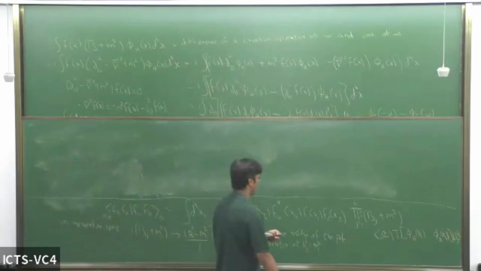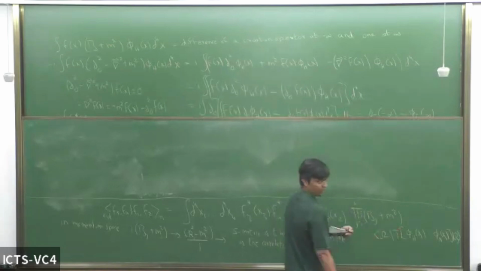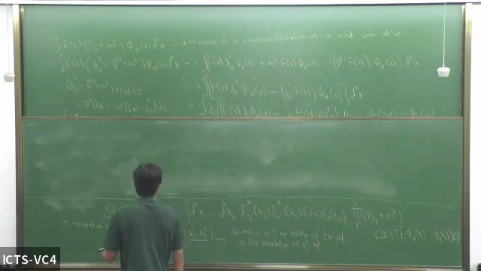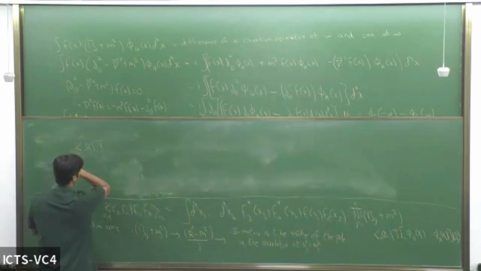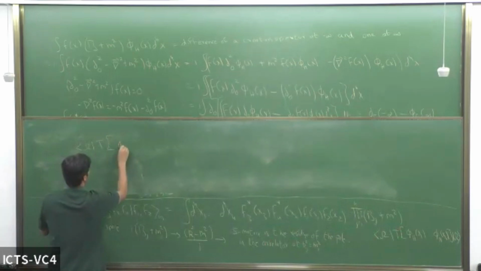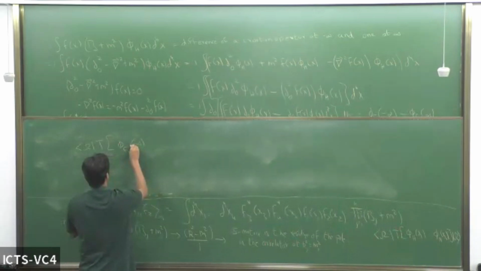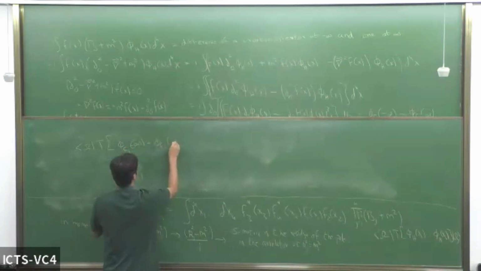Let's say we allow ourselves to push the time ordering, and then we use the formula that we had above, which is hidden below. Then we'll get the time ordered product of phi f1 at minus infinity, minus phi f1 at plus infinity.